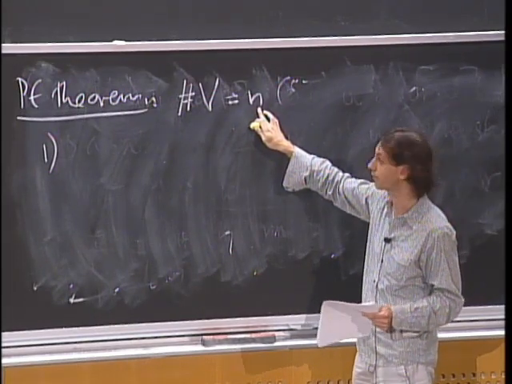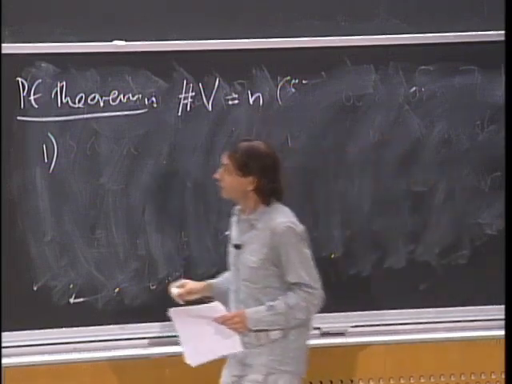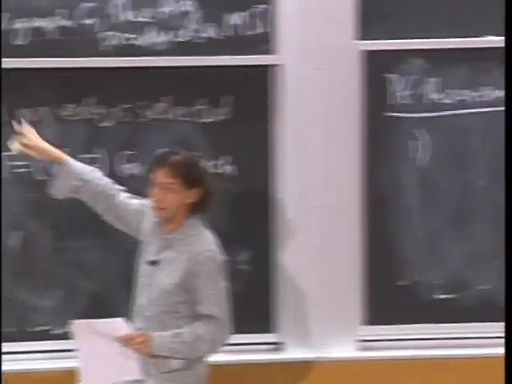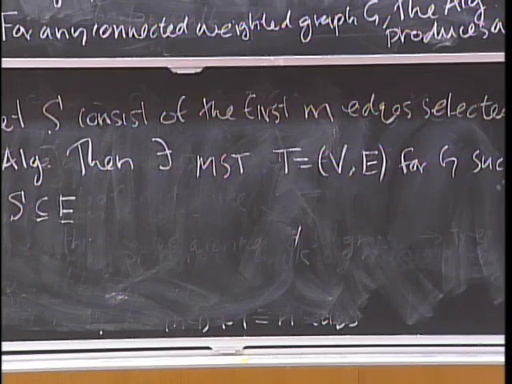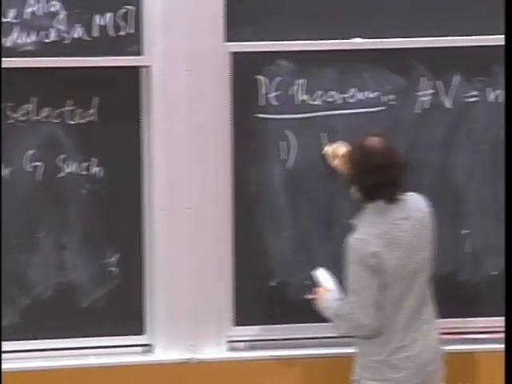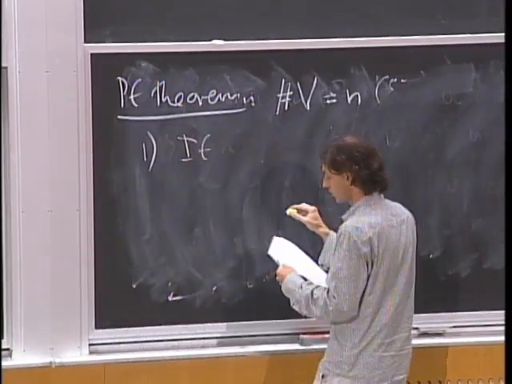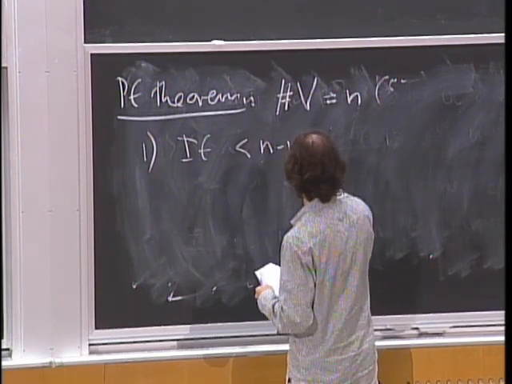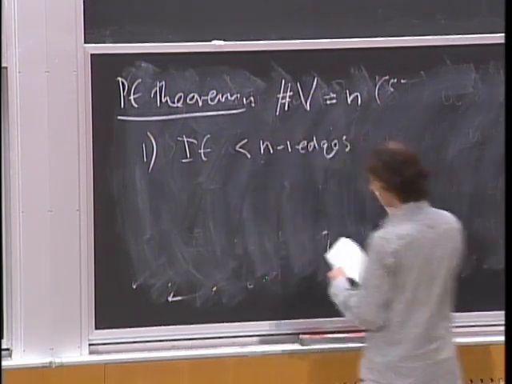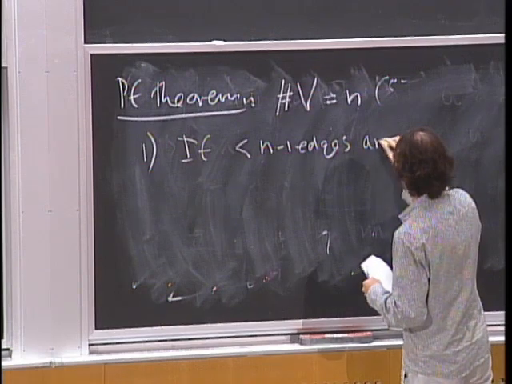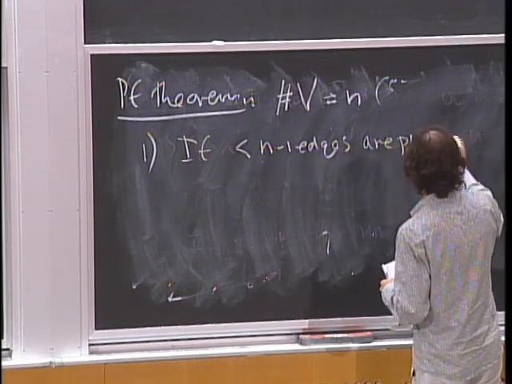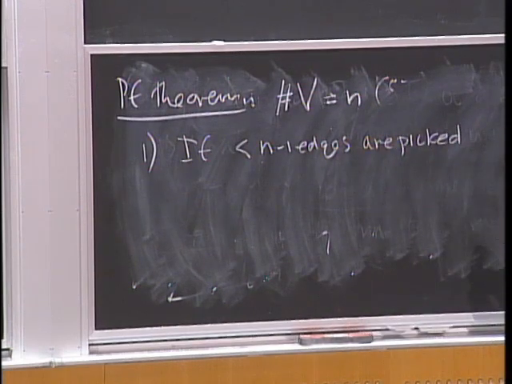We have shown this before. So the algorithm should not get stuck. So let's first prove that. So suppose I have chosen less than n-1 edges. So suppose we have less than n-1 edges picked.